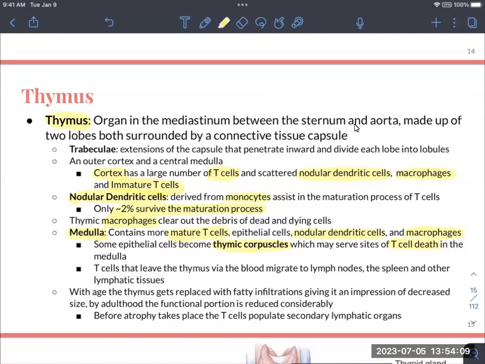When it atrophies, it becomes smaller. It doesn't work as efficiently as it did when we were children. So all of the T cells that were stored in that thymus will leave the thymus and they will travel to another lymphatic organ and make that their home until it's time to fight specific infections.